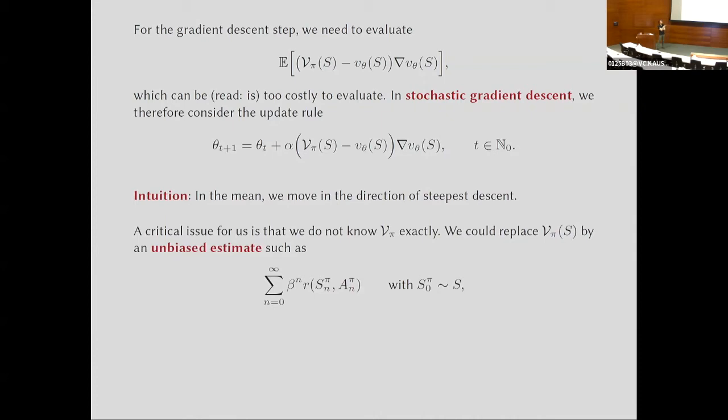So if we replace v pi by this total discounted reward and take the expectation, you will get v pi. If you plug that in there, it's still an unbiased estimate of the gradient, and that also converges. And like that, we have a nice update rule where we can approximate this guy with these v theta without actually knowing it. And that's what we need for these approximate methods.